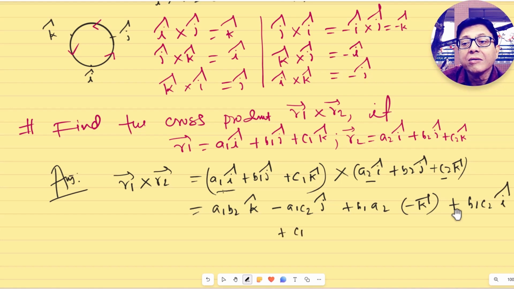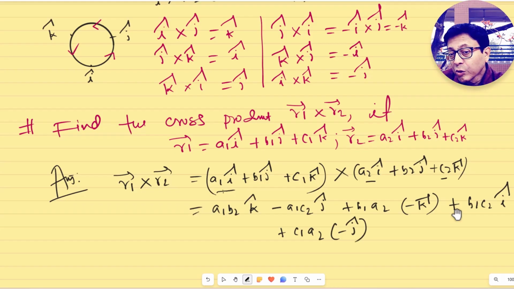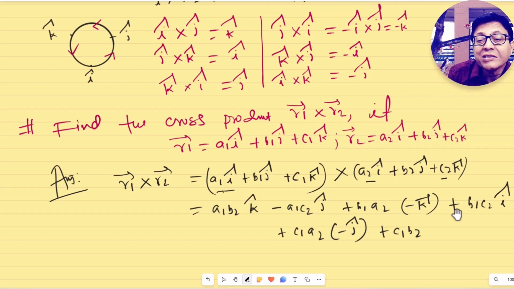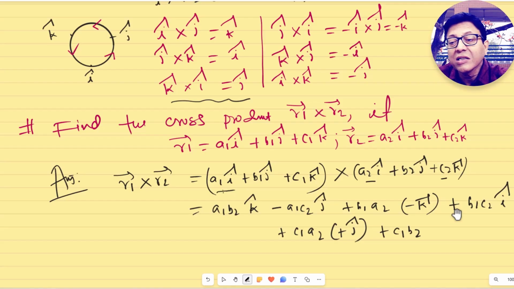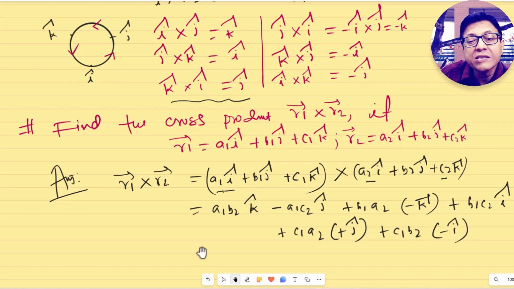We have done it: I cross K, what's the result? Minus J. So it will be minus A1 C2 J. Now with B1 J, it will be B1 A2 J cross I, which is minus K. B1 B2 J cross J is 0, plus B1 C2 J cross K, which is I.